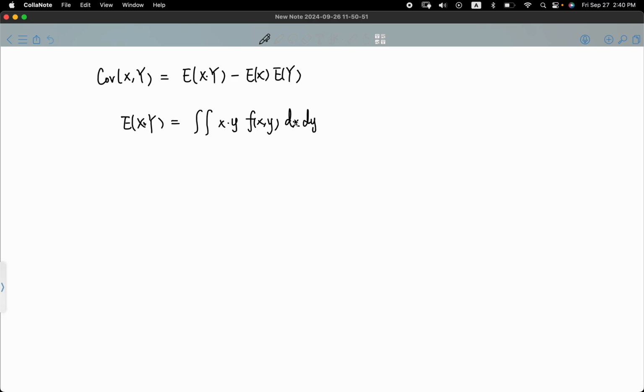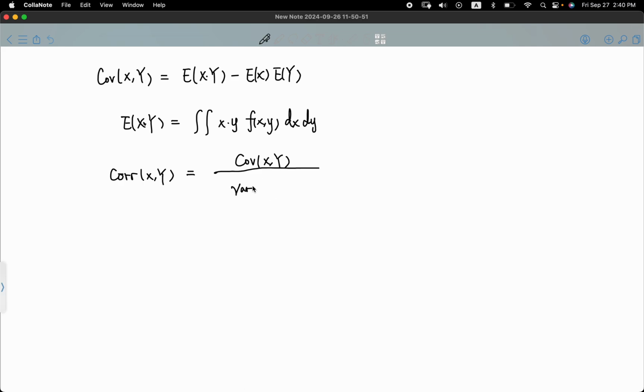Okay, that's that. And then there's also something called correlation for x and y, which is highly related to the covariance, which has the following equation.